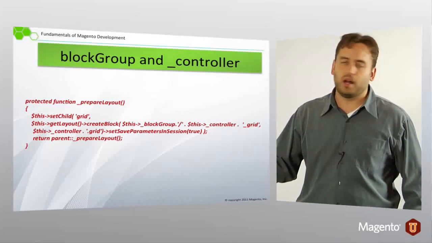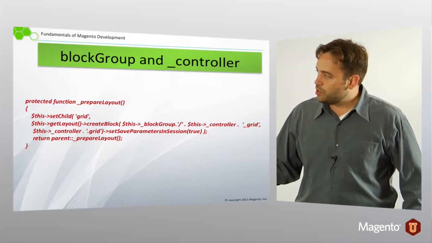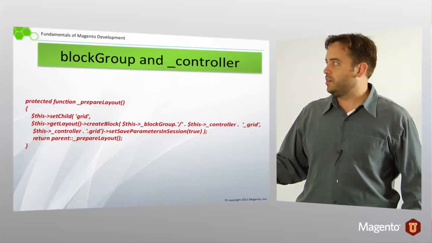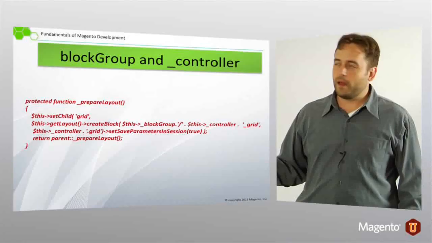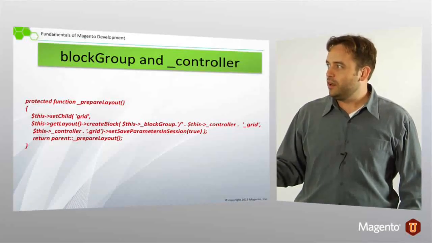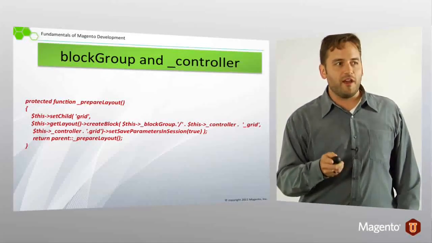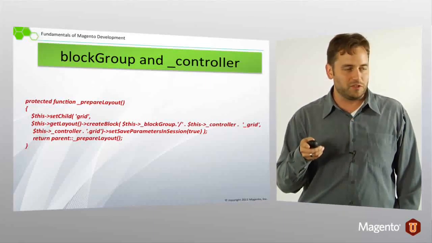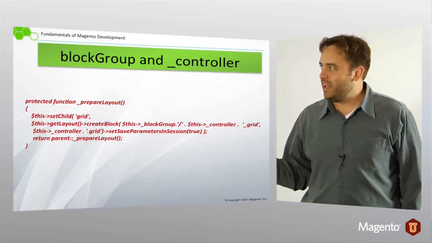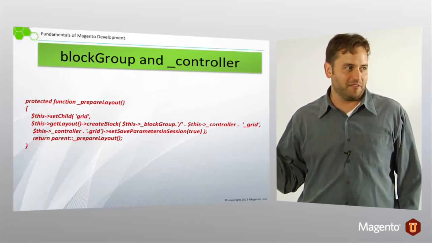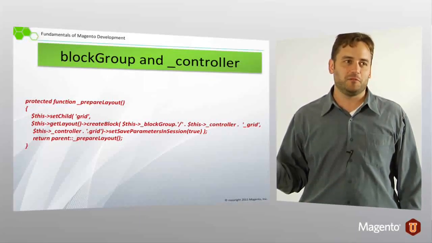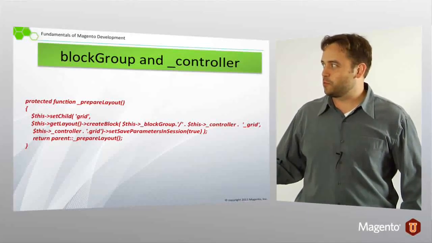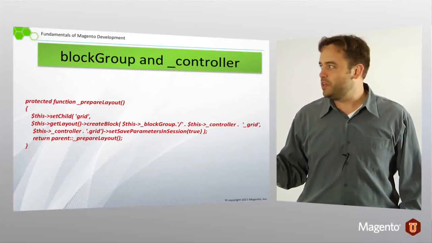So this is our create block call, right? Then we'll use whatever string we've specified for our block group, and then append this controller. I'll explain this controller in a moment. Underscore grid. So if you've ever had to walk down the path of Adminhtml views, if you started your module based on a Magento module, and then all of a sudden you were throwing these can't instantiate this class errors, well, this was why, because this was a structure that was being expected.